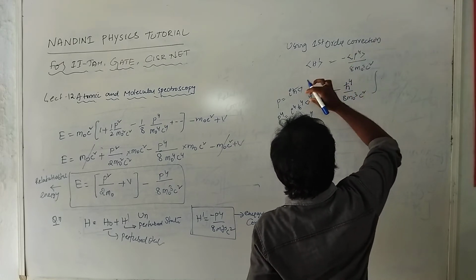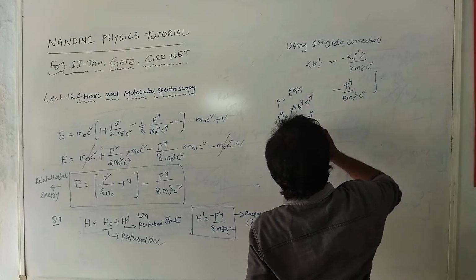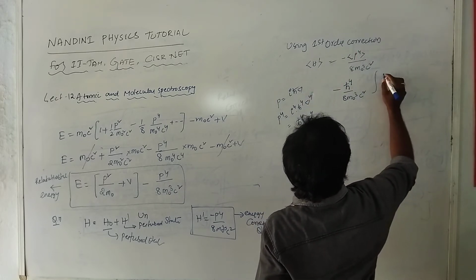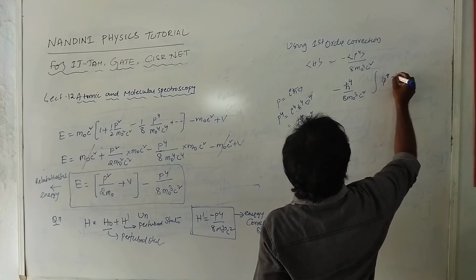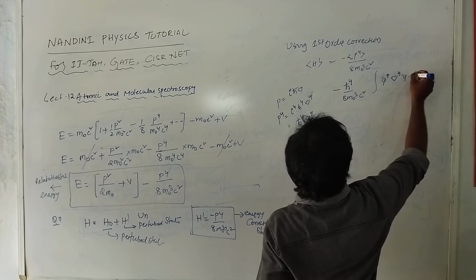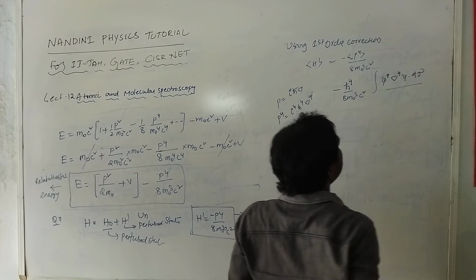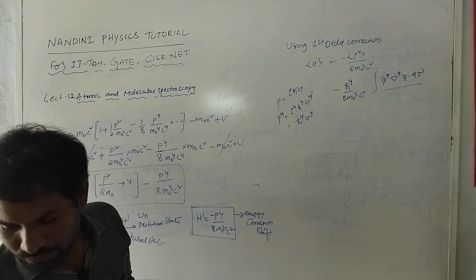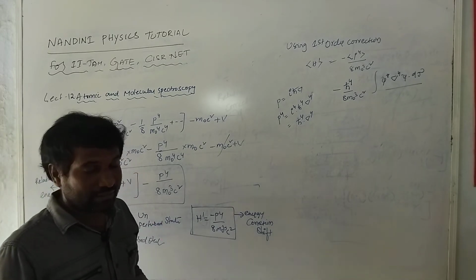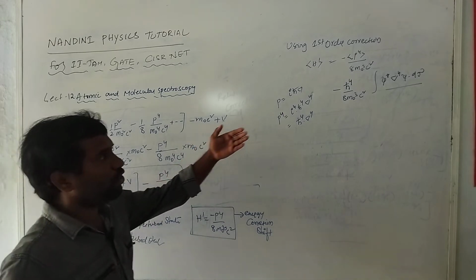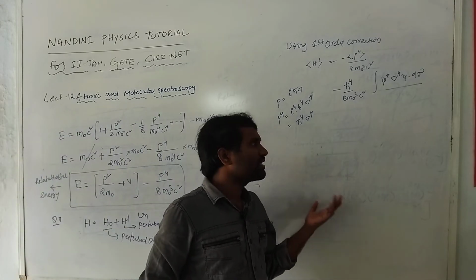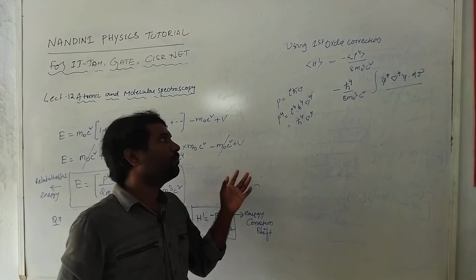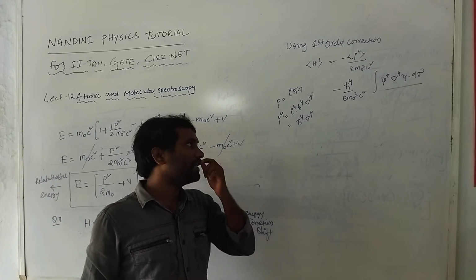Simply substitute: h cross power 4 into the integral of psi star del power 4 psi d tau. So this is called the expectation value. Using this, I will write the relativistic energy directly, because it is a lot of mathematics and will take a long time. So in competitive mode, I'll write the direct step.